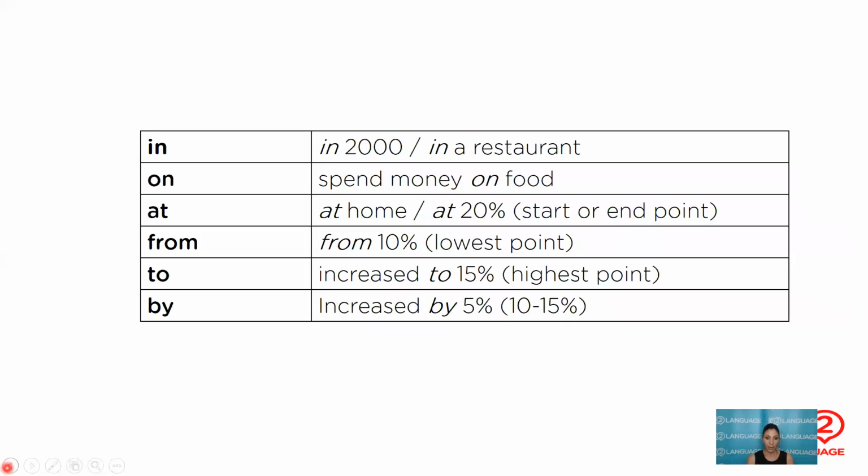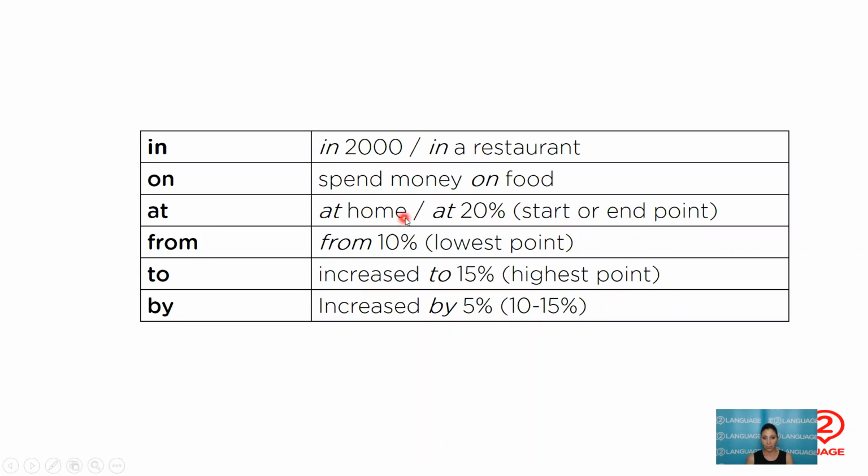They're only to do with how we use prepositions for writing task 1. Very specific to this particular task. So in, we say in a year, so in 2000. In a place, so in a restaurant. On, you spend money on food, you spend money on something.